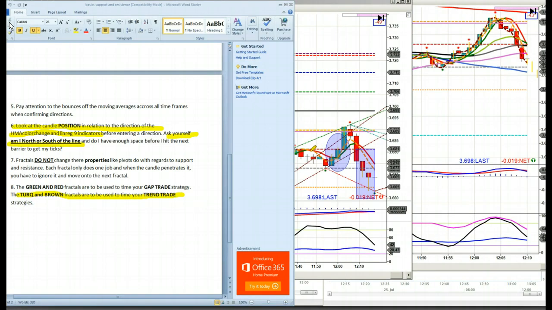As you can see here, the HMA now has come to the price, right? And the price is now pushing through the HMA to go north of the line. Here you can see more closely on the 1 minute chart, the price is clearly above the HMA. We have come from below to the other side. So we look at our HMA color change here, you can see that the price is clearly above the other side.